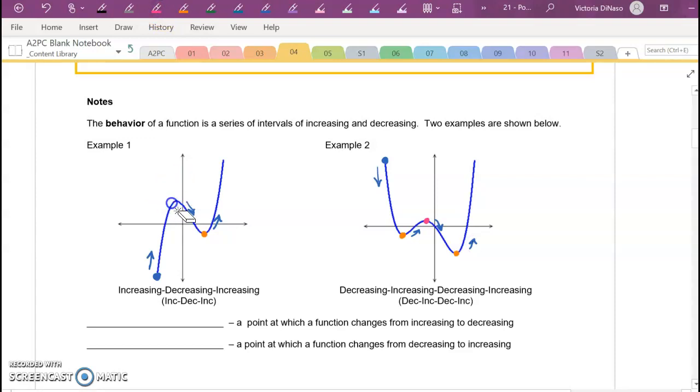Now the points at which my graph is changing, that's called the relative maxima and the relative minima. The relative maximum is the point in which the function is going from increasing to decreasing. It's called a maxima. Then we have a relative minima.